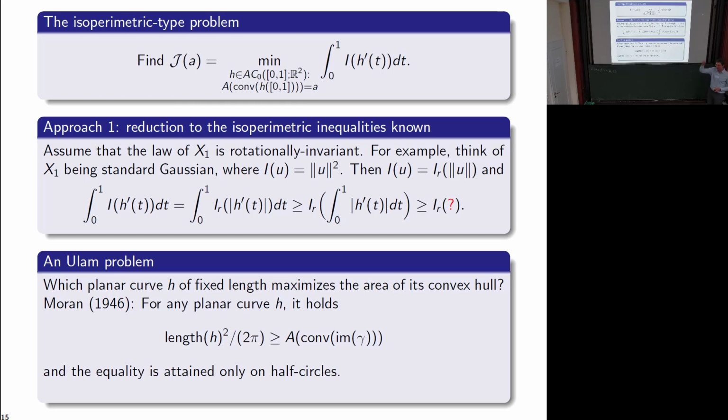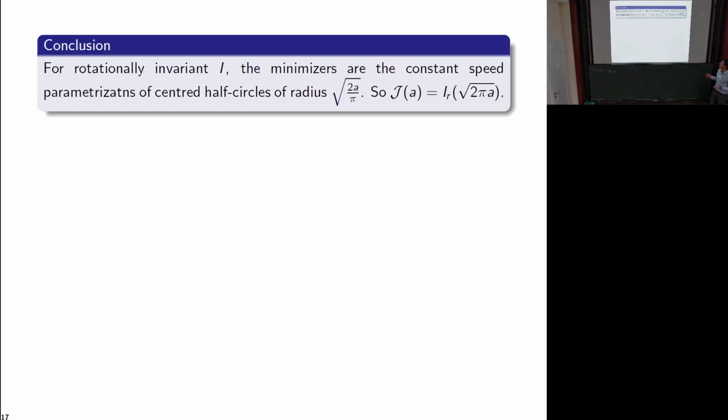So you make the half circle, and because you don't need to go back as in the classical Dido case, this looks like a version of the Dido problem. It's not exactly like this, but this is like a Dido problem for convex hulls.